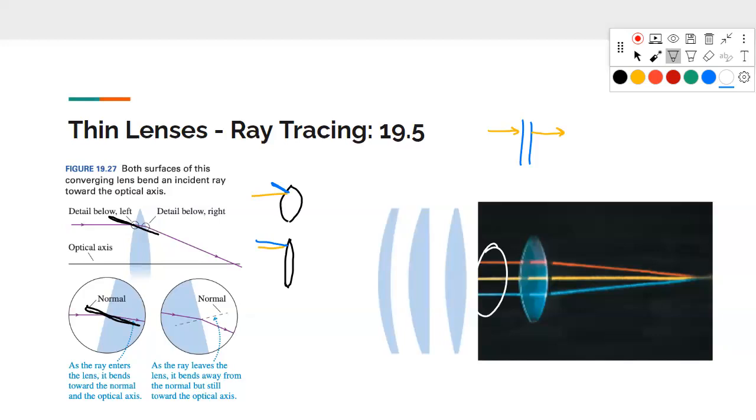And so we're going to get into more detail, actually more detail than the book, by one equation, so not too much, on how to actually calculate the way that the radius of a lens affects how it curves light. But for now, I just want to mention that qualitatively.